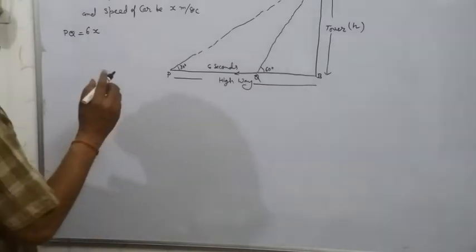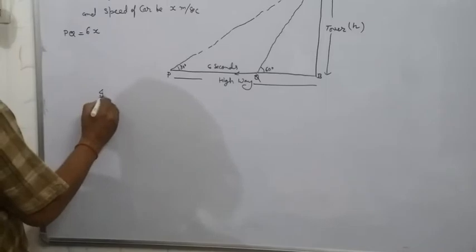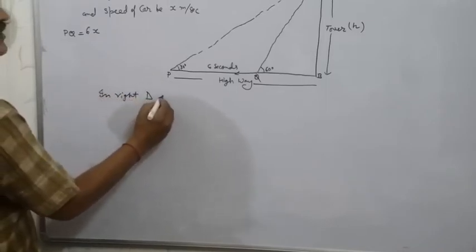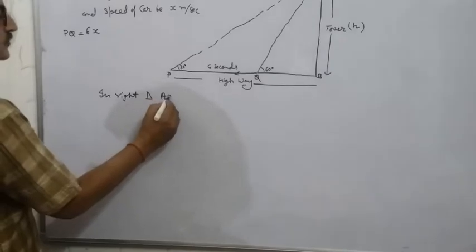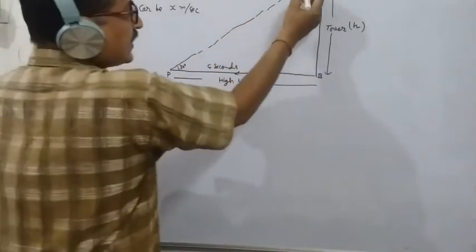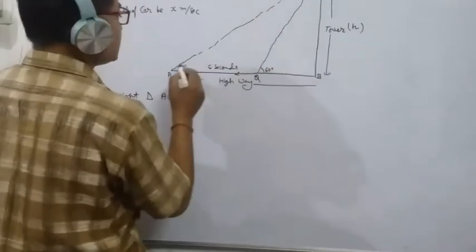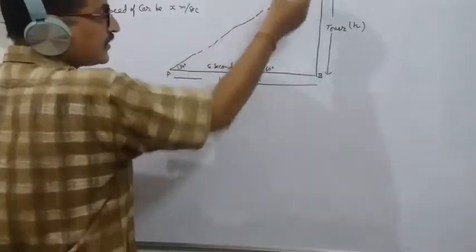Now first we will take right triangle ABQ. This concept is clear, because this is the angle of depression, 60 degrees, so this will also be 60 degrees. This is 30 degrees, this will also be 30 degrees, because alternate angles are equal.